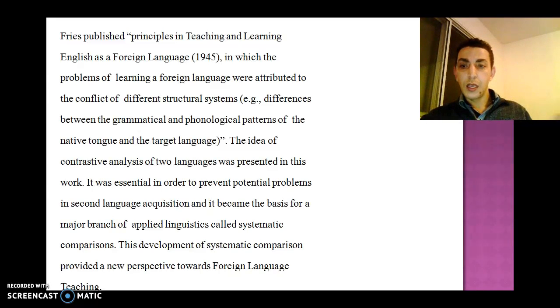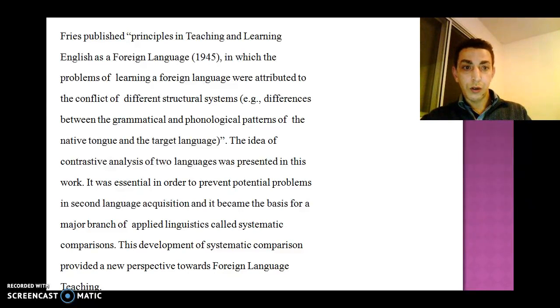So this is what's called contrastive study of languages, because the author thought that one of the problems of teaching languages is that there are two different structures of the language. So the learner should understand and know those different structures so that he or she can use the language.